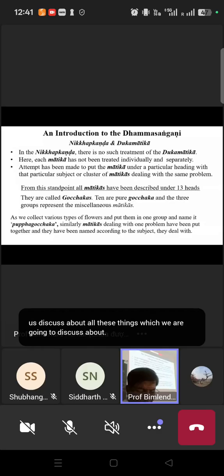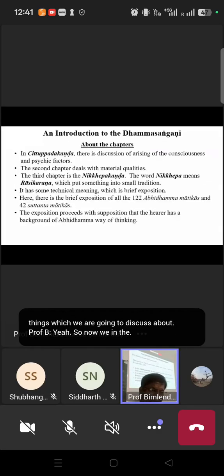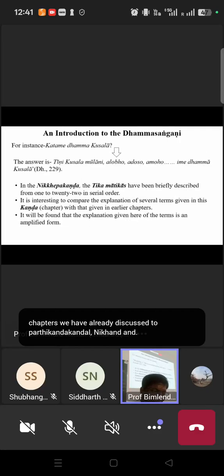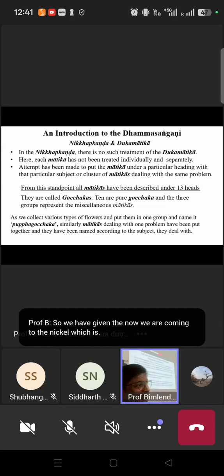So now, in the Nikhepakanda, we are going to discuss all these things about the chapters we have already covered: Cittuppadakanda, Rupakanda, Nikhepakanda, and Atthuddharakanda. Now we are coming to the Nikhepakanda, which is the main discussion of our text.